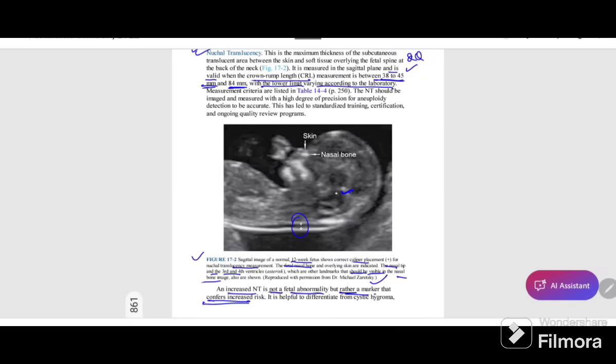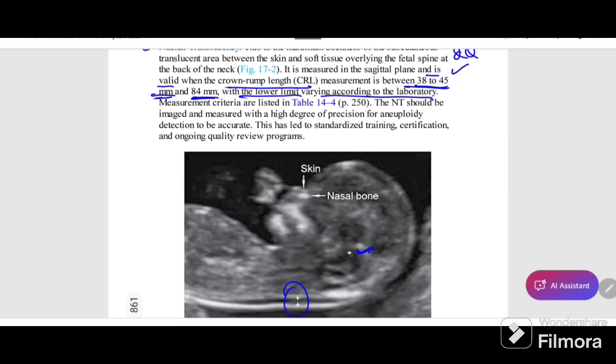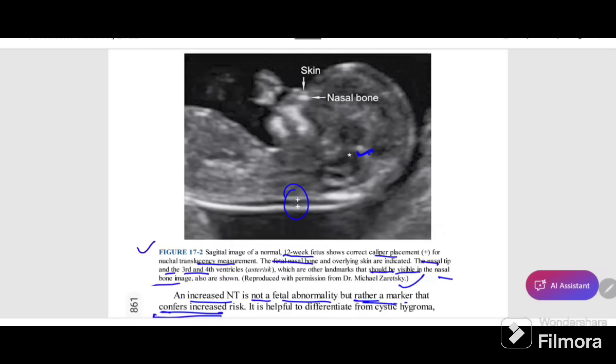Also remember that in terms of CRL measurement, the NT is valid when the CRL is between 38 to 45 mm, with the lower limit varying according to the lab. This is an image which shows the NT as well as NB.